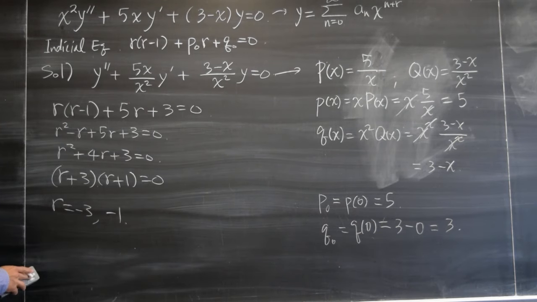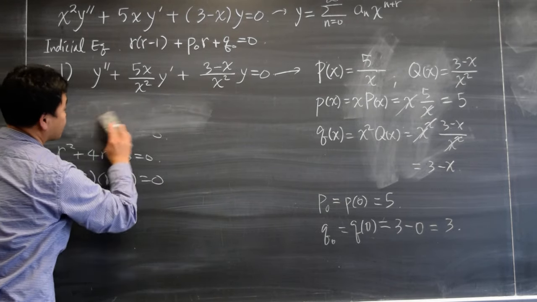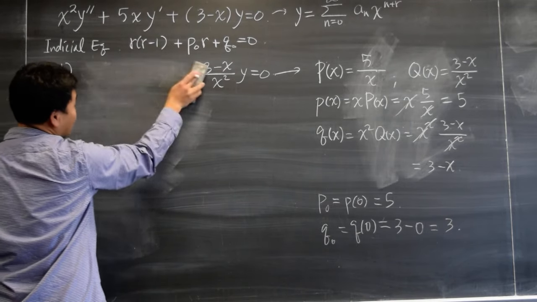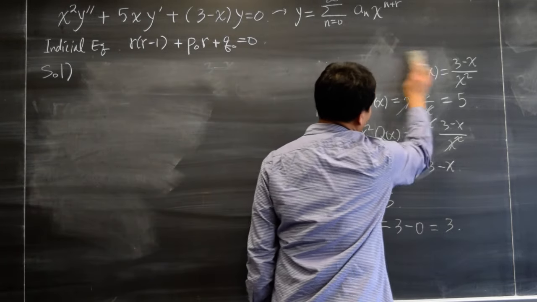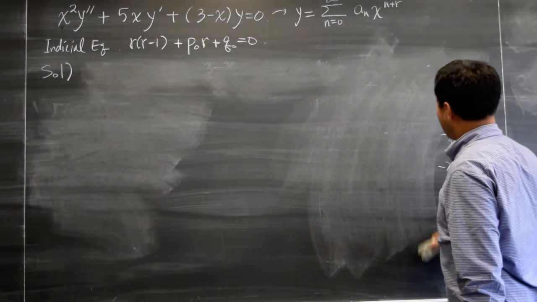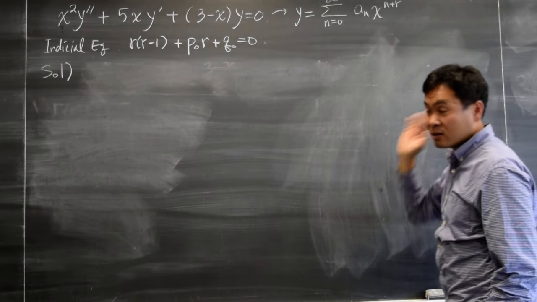So let's now choose r as the bigger number and proceed to solve this equation. All this work was to find out that the value r equals -1 provides one possibility of r.